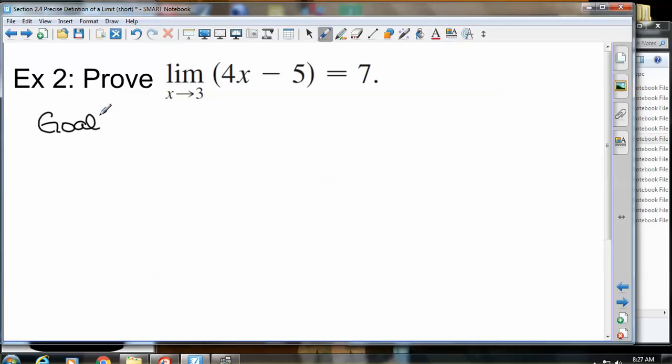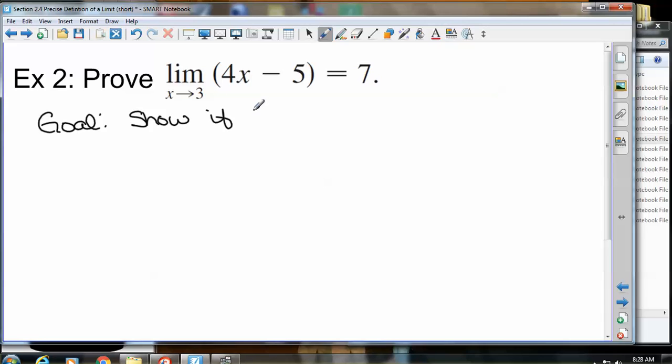Our goal here, I like to write down my goal, especially on these beginning problems. It helps a lot. We need to show, and this is the formal definition of a limit, your last test had some multiple choice questions, and I would probably put a multiple choice question on your next test asking which one is the formal definition of a limit.